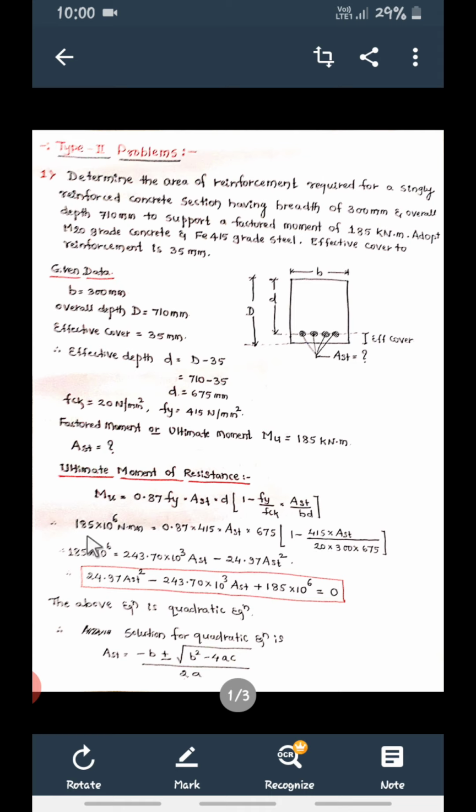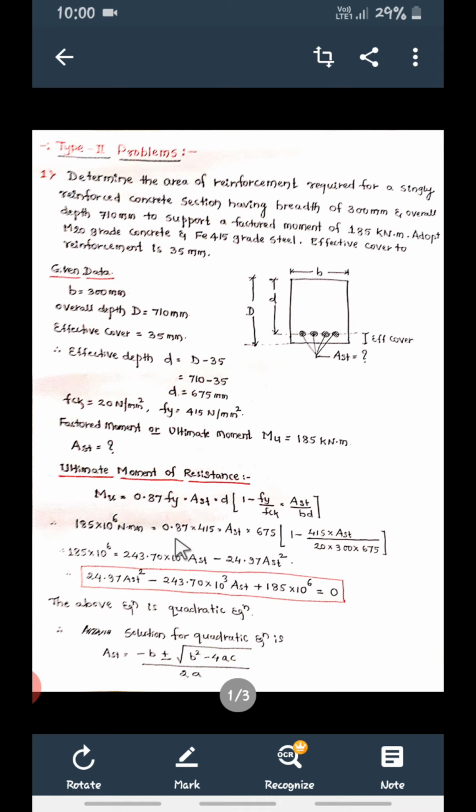The moment is 185 kilonewton meter; convert this into Newton mm. Kilonewton to Newton, multiply by 10 to the power of 3, and meter to millimeter, again multiply by 10 to the power of 3. So 185 into 10 to the power of 6 Newton mm.